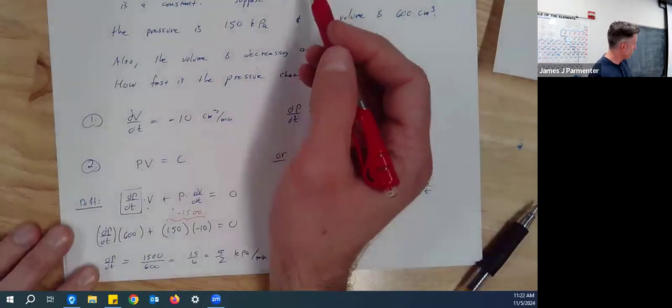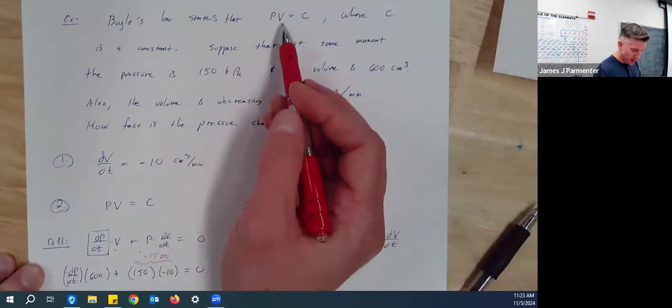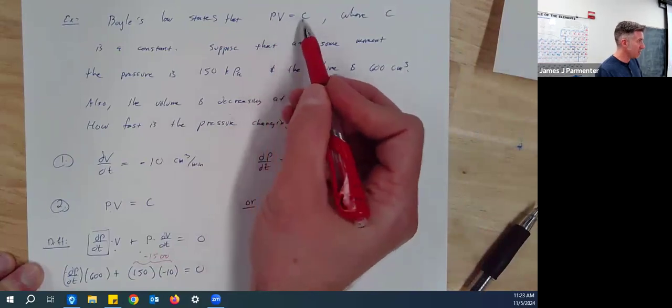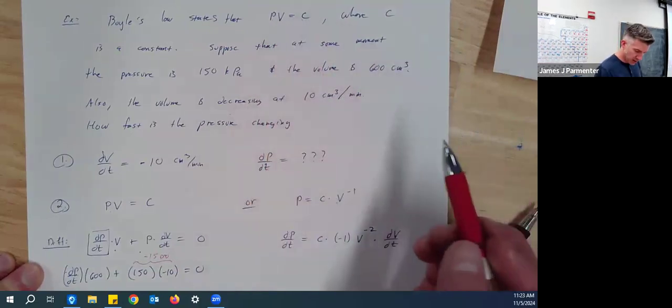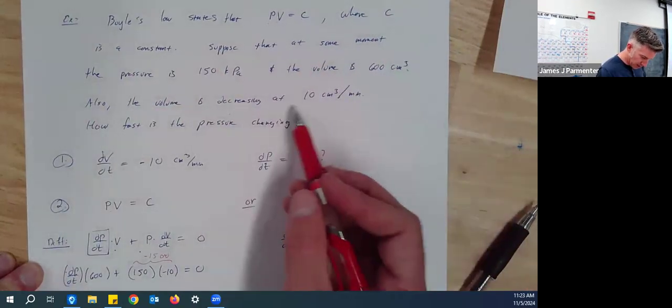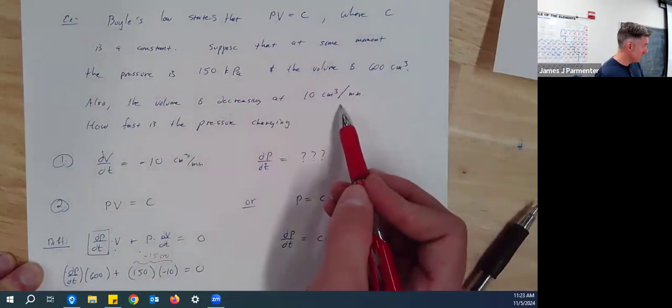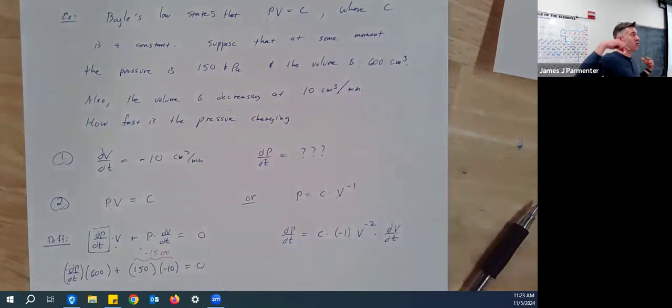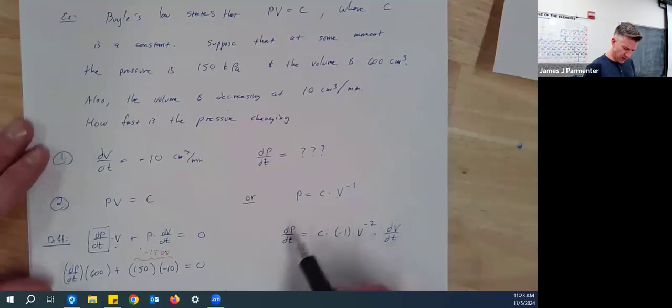When we looked at this in the beginning, we said, if pressure times volume is a constant, and the volume is decreasing, the pressure has to be getting larger to compensate for that. So we were expecting dP/dt to be positive, and we are glad that our expectations are being met here. Let's see if it works out the same way over here.